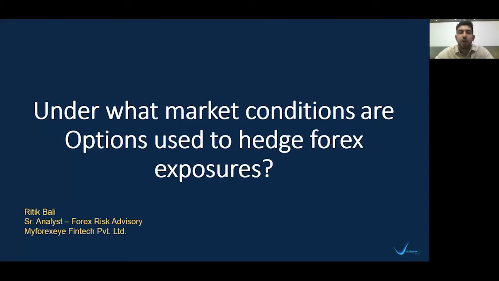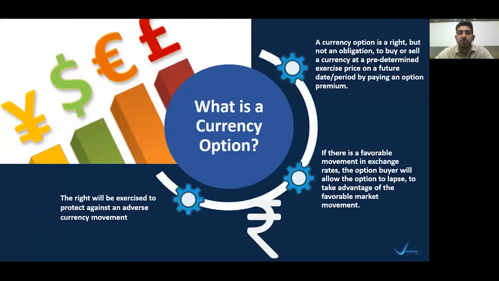Now let's understand what is a currency option. A currency option is what its name suggests, an option, which gives the option buyer a right but not the obligation to be able to buy or sell the currency in the future at a predetermined rate and maturity.